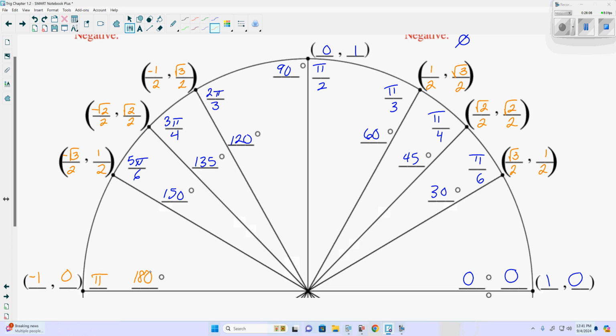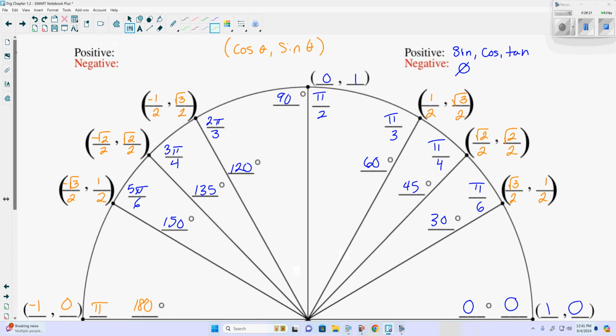They look oddly similar, yes? Now, positive, negative.